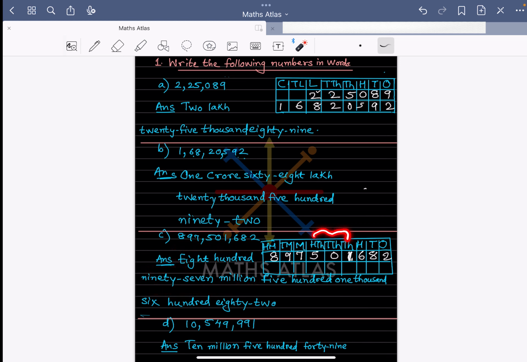This and this one. So what is that? 501,000. So you are going to write here 501,000. And what remains here is 682. That is 682. Hope that is clear. So what happens here? 897 million, 501,000 and 682.